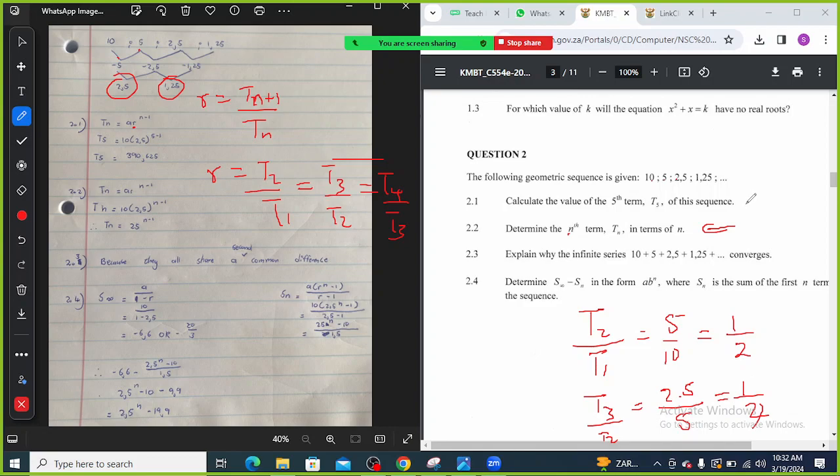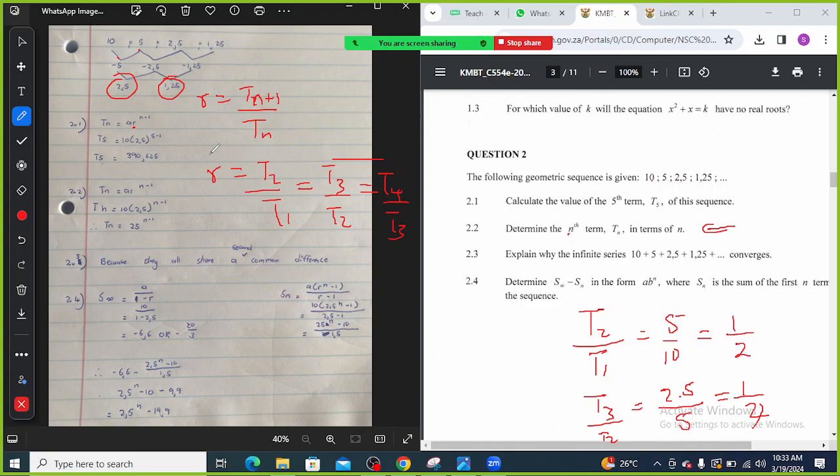That is important because you have to prevent working hard when there's no need for that. Once you have the equation, use it to find the fifth term. Write 2.1, skip a line, and then do 2.2. Find the general equation, use that general equation, solve 2.1, and then you move on. You don't have to think hard and work hard.